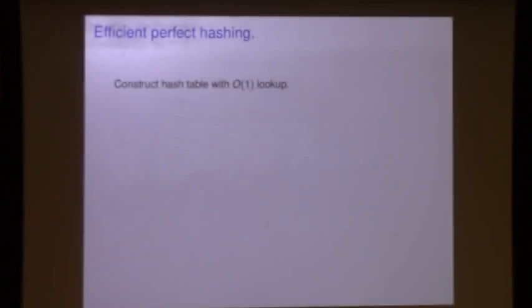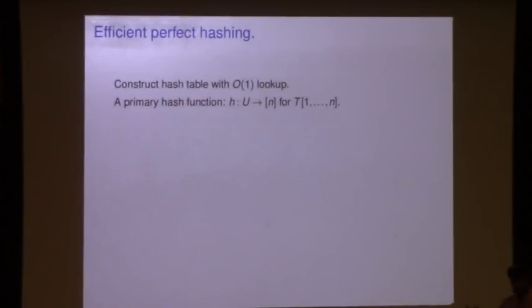So what we do then is we do something hierarchical. We use the previous idea with an outer hash function. Okay? So we use a primary hash function which just maps to the range 1 to n. Okay? And now, if you take a random hash function from your family, it's going to map a lot of items to the same entry. You'll have some collisions.